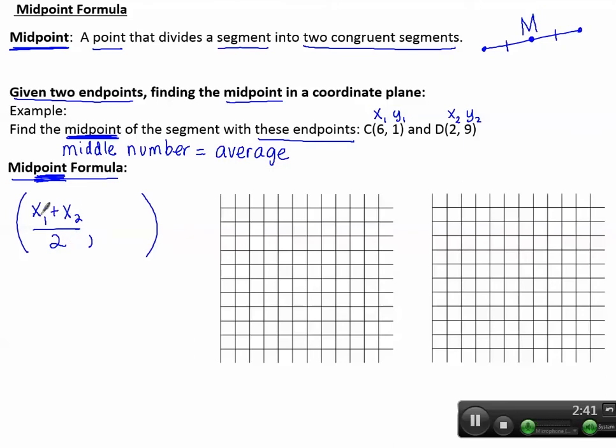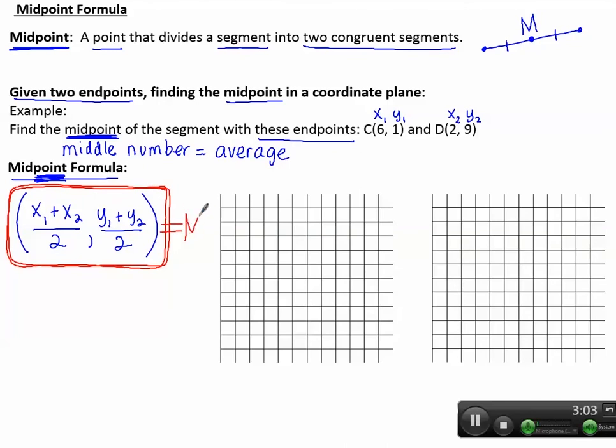Remembering that averaging is adding the values and dividing by how many values we have. Similarly, we have two y values, so we'll add the y values and divide by 2. This is our midpoint formula. Let's try to have our midpoint formula memorized. Usually we call this capital M for midpoint.